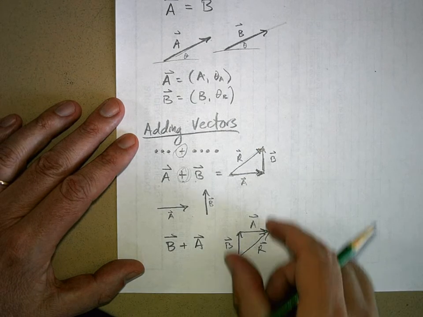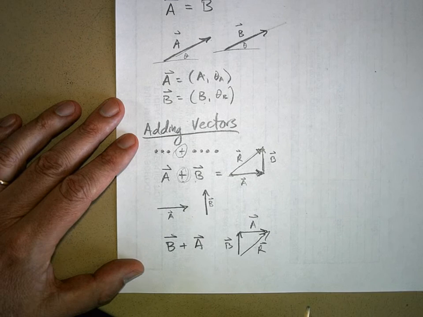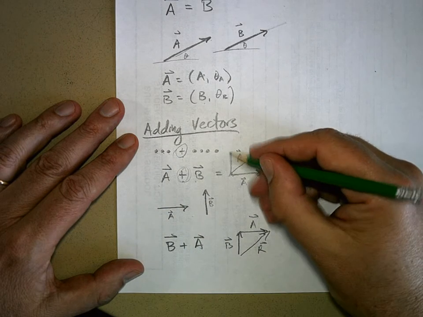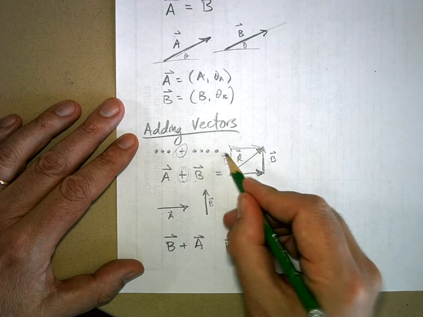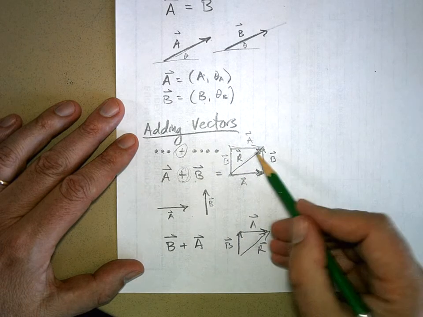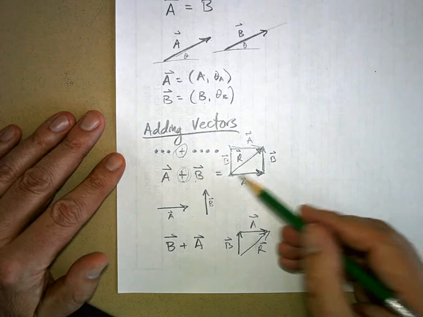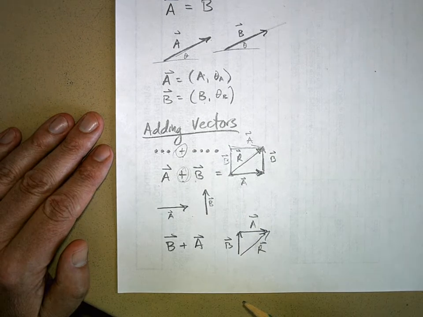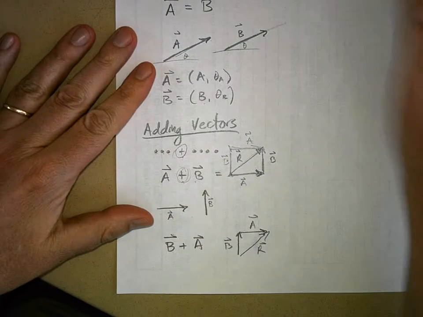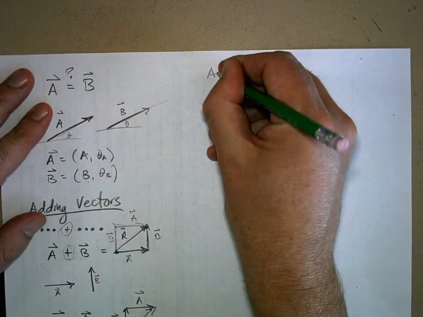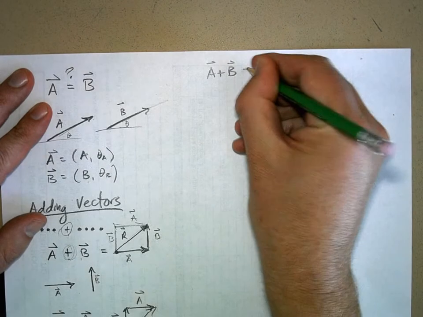Oh, that's because it is. If I just put B plus A, here's B, and here's A. If I just added that, they'll get to the same spot. So this is the property of addition of vectors. It's called the Commutative Law of Addition for vectors. That is, A plus B equals B plus A.